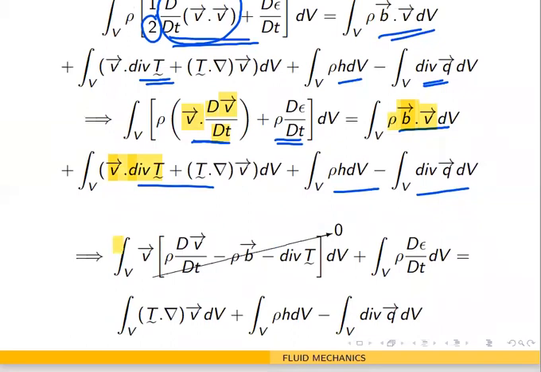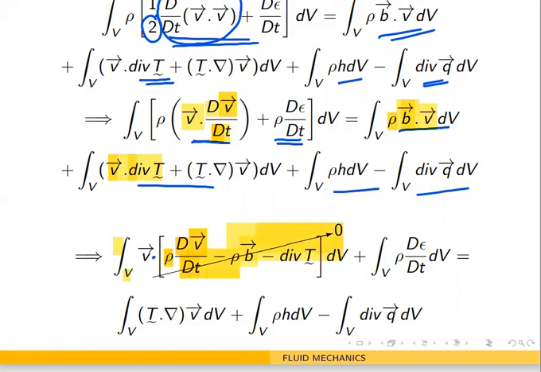So we have a volume integral of V dot, all dot products with V. The remaining is rho dV from the first term, then minus rho b, because rho b is coming to this side.